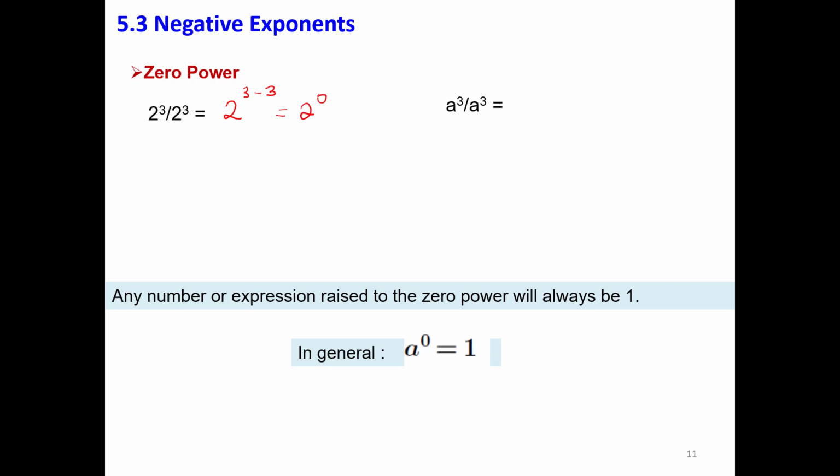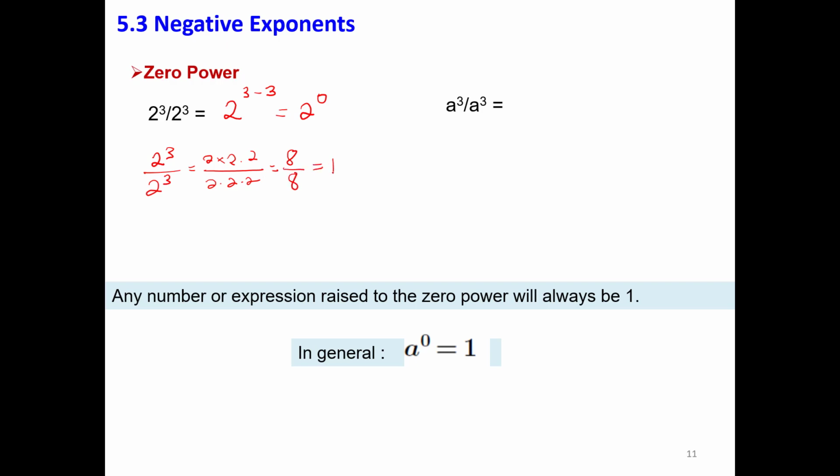Then this we had in this case. Now let's try to solve this. 2 to the third divided by 2 to the third. Then we know 2 to the third equals 8, yes, because it's 2 times 2 times 2. 2 times 2 times 2 means it's 8 divided by 8 equals 1.